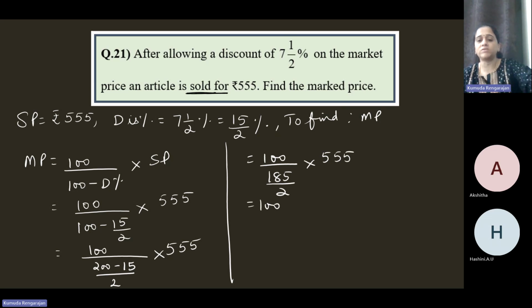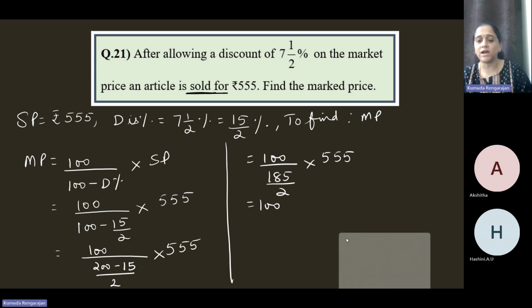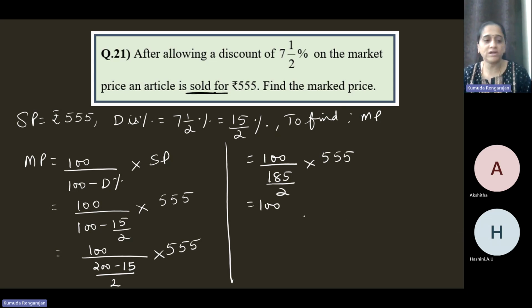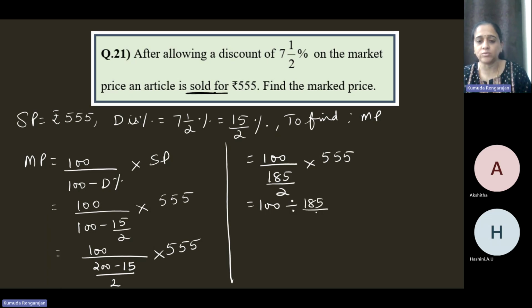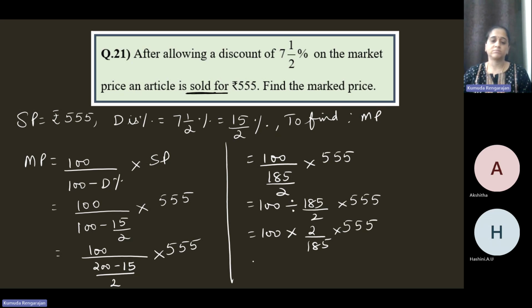Look at the formula. The numerator is only 100, the rest of it is the denominator. So 100 is the numerator, divided by 185 by 2 into 5. So it is 100 into 2 by 185 into 5. Simplify and tell me the value.